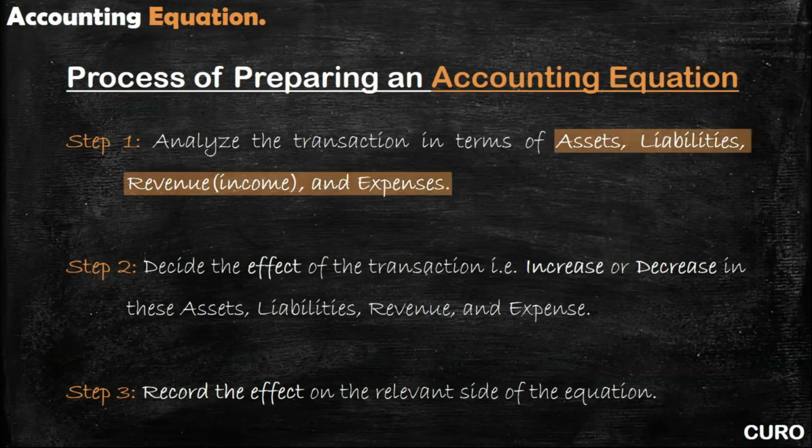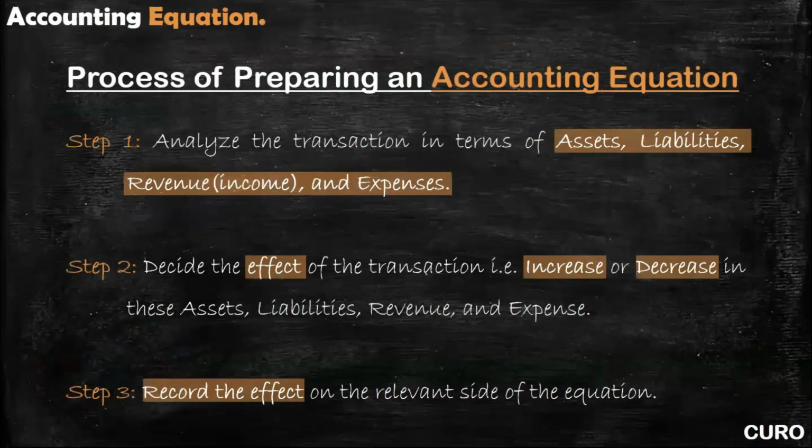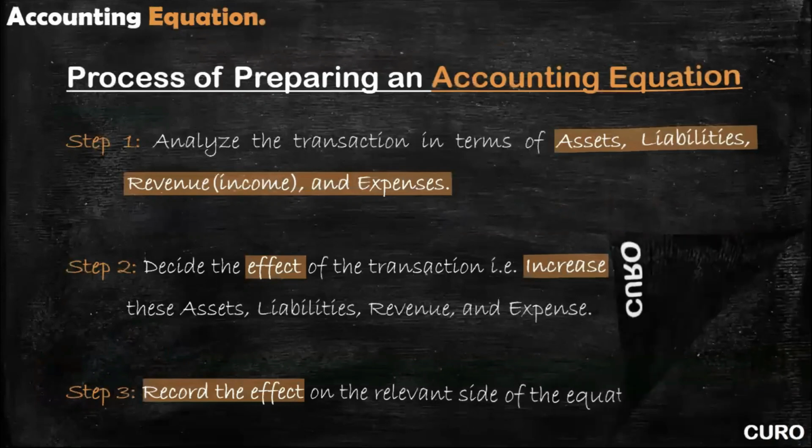Step 2. Decide the effect of transaction, that is whether increase or decrease in those assets, liabilities, revenue and expenses. Followed by the next step, that is record the effect on the relevant side of the equation. Let us move to a practical problem and try to solve that by following these steps.